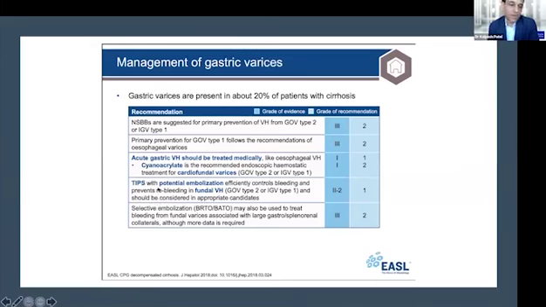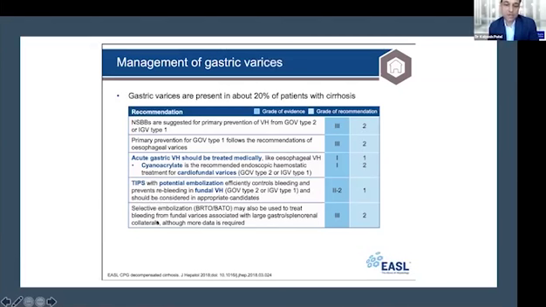The role of interventional radiology through a TIPS shunt and with addition of embolization through percutaneous route does control bleeding and prevent rebleeding in fundal varices. And again, should be considered. And this gets a fairly strong recommendation.